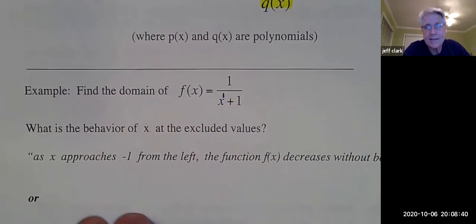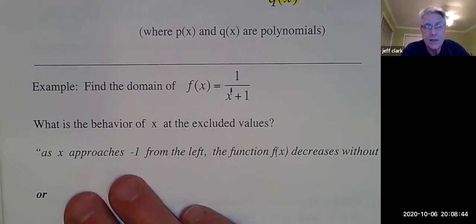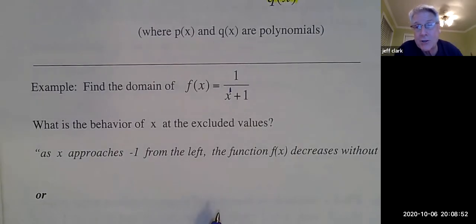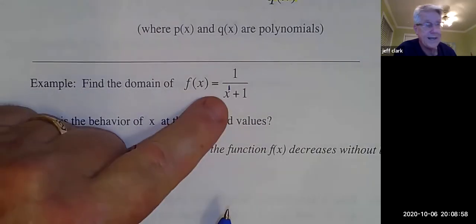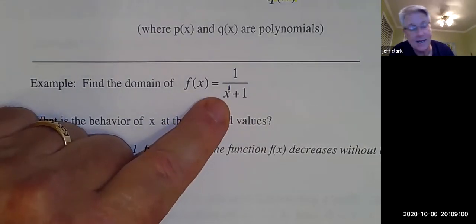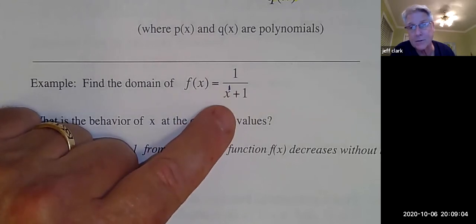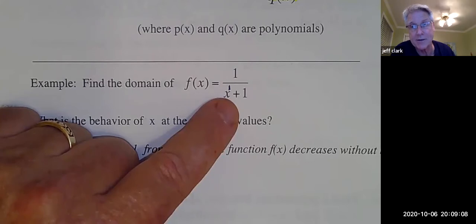When we look at fractional functions, there is possibly a domain issue. If you recall in your packet, I said the domain of any function is all real numbers unless you see fractions, roots, logs. So I see a fraction. You can't use a number that would cause the denominator to be 0. -1 plus 1 makes the denominator 0.